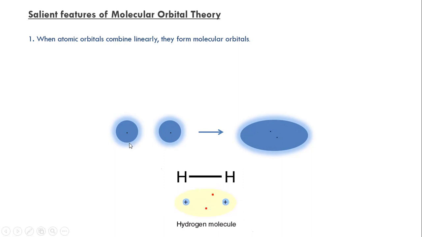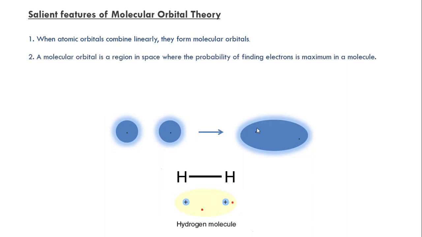So each atom is having one nucleus, and 1 electron for hydrogen, for oxygen 8 electrons, for carbon 6 electrons, and so on. So the atomic orbitals combine linearly, forming molecular orbitals. And a molecular orbital is a region in space where the probability of finding electrons is maximum in a molecule.